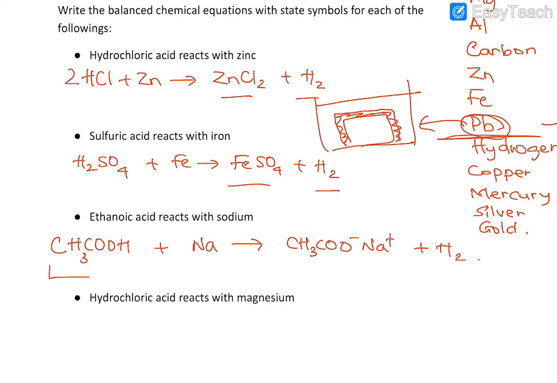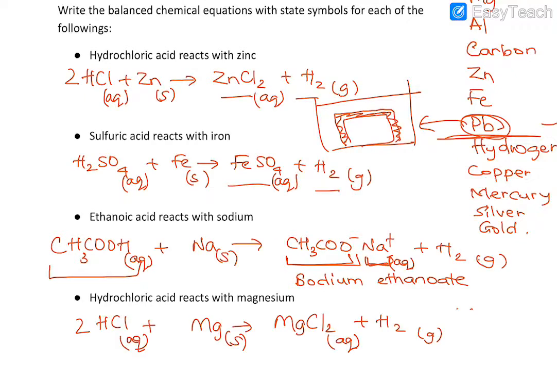Ethanoic acid is CH3COOH, and when you have the salt which is formed, this is the ethanoate ion, so you will have sodium ethanoate. This is the convention that we use to write the salt sodium ethanoate: we put the ethanoate first and then the sodium second. So verify your equation, including the state symbols.